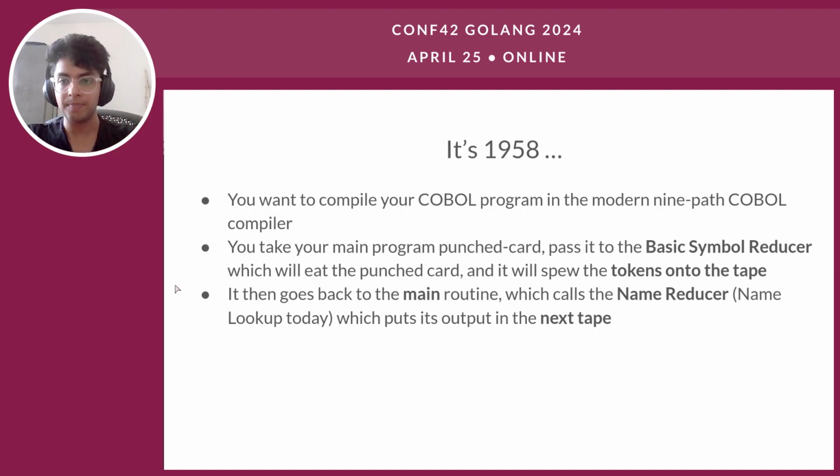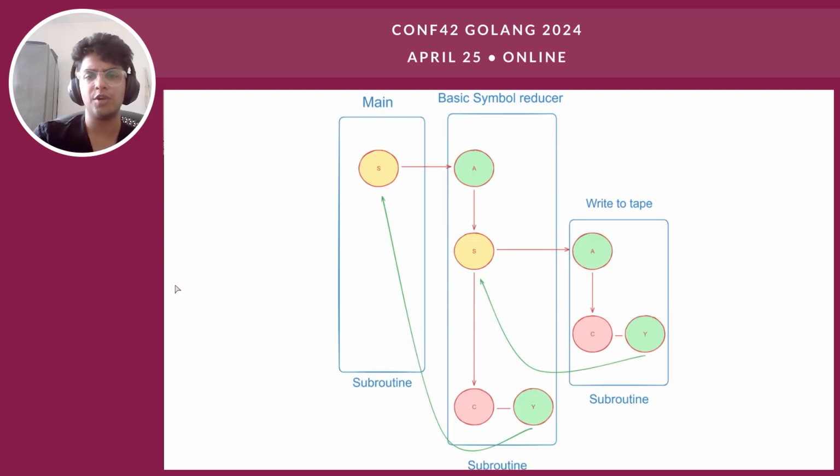Your main program's control goes to your basic symbol reducer, which comes up with a bunch of tokens as outputs, and it returns these outputs back to your main program. Your main program then calls your name reducer with the output of the basic symbol reducer as an input, and your name reducer can then start parsing your tokens.